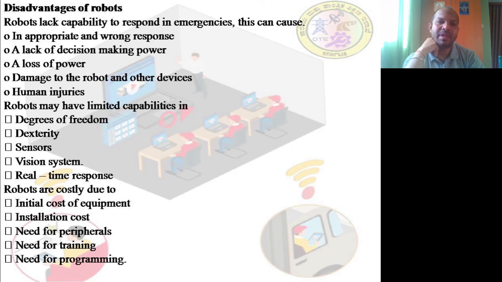Robots may have limited capabilities in degrees of freedom, that is the freedom of movement of the arms, dexterity, sensors, vision systems. Real-time response robots are costly due to the initial cost of equipment, installation cost, need for peripherals, need for training, and need for a program. It just follows the instructions, and it will not have its own mind of thinking.